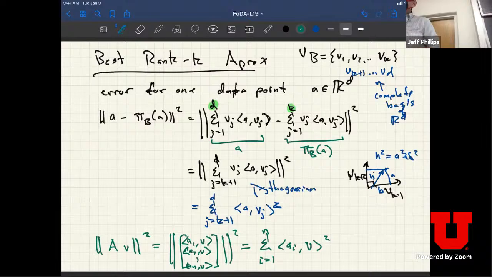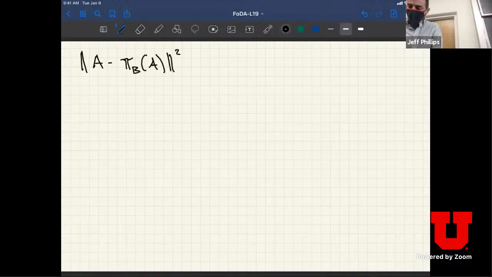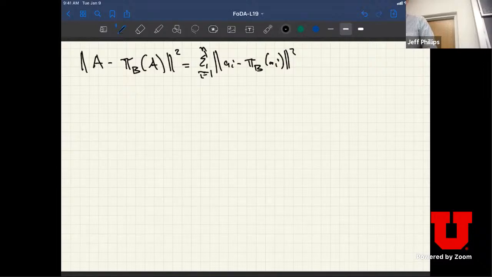So now if I write this together, what I'd like to write is A minus the projection onto B of A, right? So something like this. And by this, I mean the sum from i equals 1 to n of ai minus the projection onto B of ai, right? So this is my error that I would like to bound.